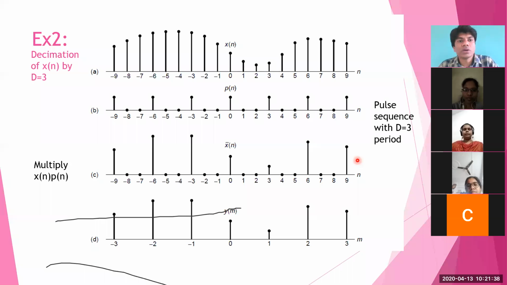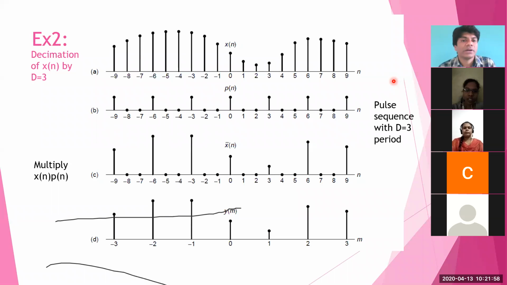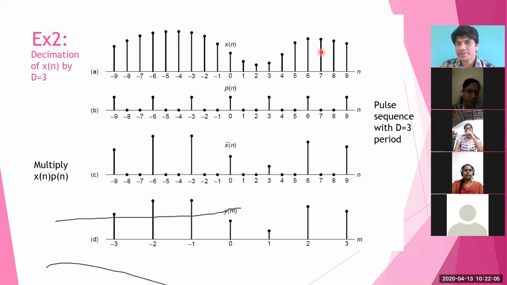Okay, now let's move on to another example. Just now I have said that decimation by a factor d means dropping d minus 1 samples, or retaining the samples which are integer multiples of d. But how do we do it mathematically? Let us say I have this sequence, x of n, and my aim is to decimate it by a factor of 3.